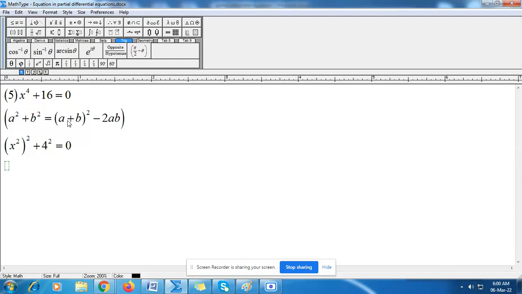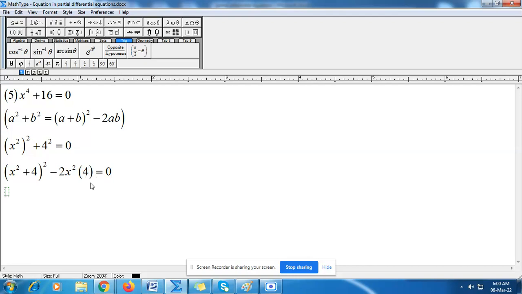So we write the above formula, a plus b whole square minus 2ab, which can be written as x square plus 4 whole square minus 2ab. A is here x square and b is here 4, which is equivalent to 0.